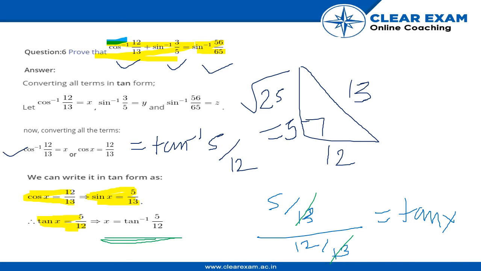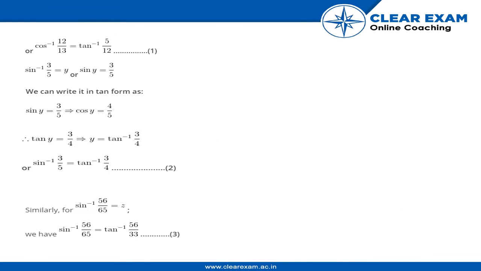Now let's hop on to the second term. We already solved the cos inverse 12 by 13 part. Our second term is sin inverse of 3 by 5. So again, we draw a triangle. This is a right angle triangle, and since this is sin inverse 3 by 5, this is 3, this is 5, and by Pythagoras, this is 4.